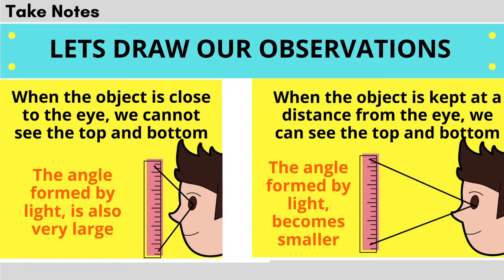The angle is smaller the farther it goes, and the closer it comes, the angle is bigger. So you need a certain angle minimum at which you'll be able to see the ends of the object clearly, basically the whole object from top to bottom.